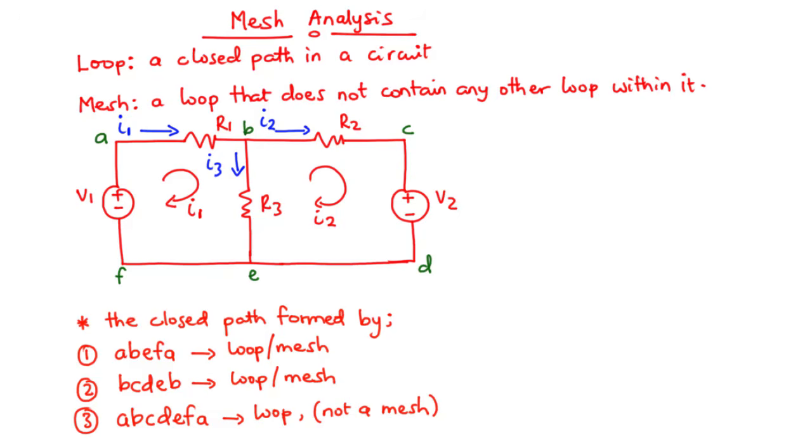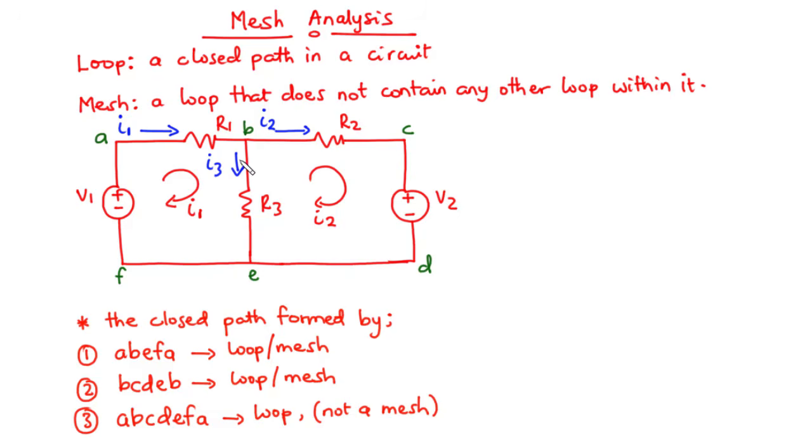Now, let's consider this circuit to clearly understand the difference between a loop and a mesh. In this circuit, the closed path formed by A, B, E, F, A is called a loop, and it can also be called a mesh, simply because it is a loop that does not contain any other loop within itself.